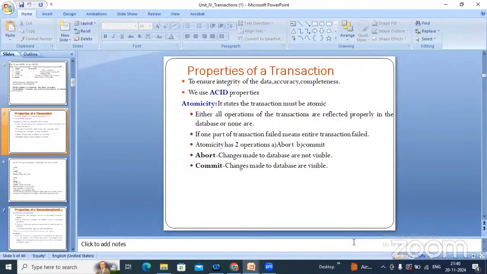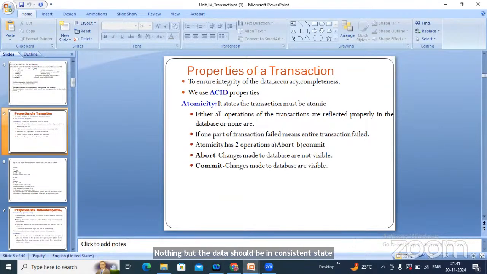So why are we going for ACID properties? If a transaction satisfies the properties of atomicity, consistency, isolation, durability. To make the database consistent, the data present in multiple locations should be the same, nothing but the data should be in a consistent state.